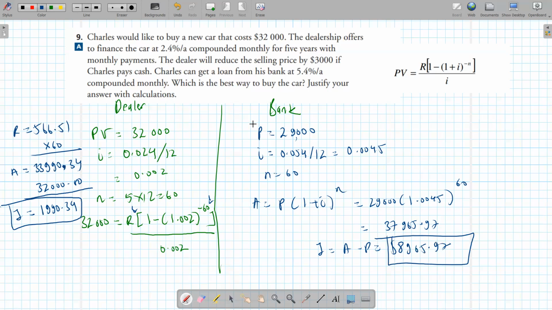Even though with this one you get an initial discount of $3,000, it doesn't matter, because over time, look at that, the bank is at a higher rate. This is the same thing that we were talking about yesterday. The initial price is lower, but the interest rate is higher. See that? This one, the initial price is high, but the interest rate is low.